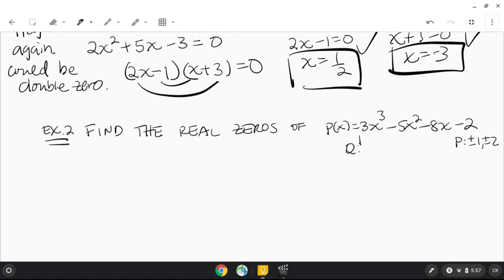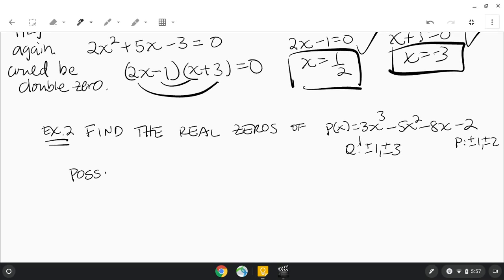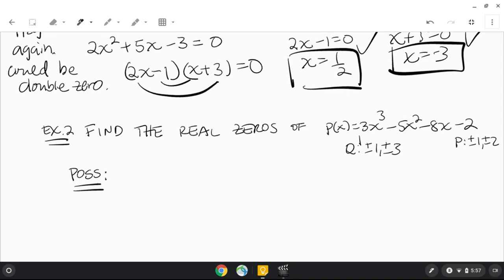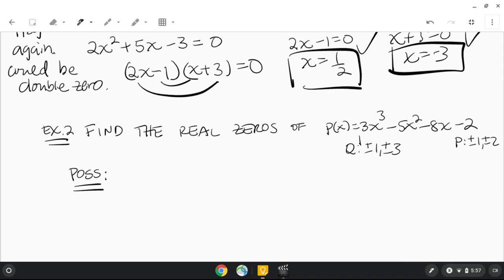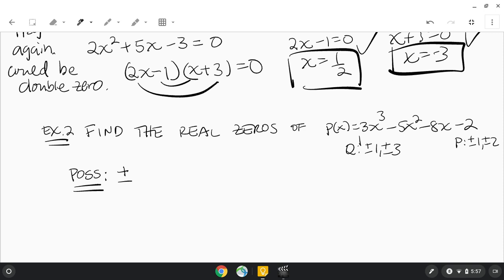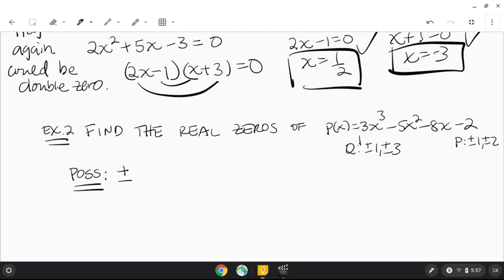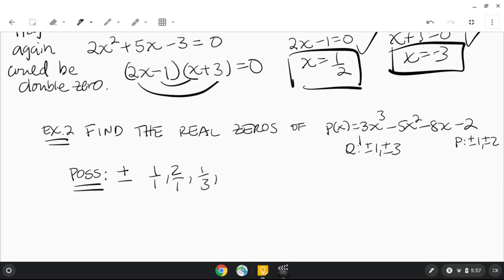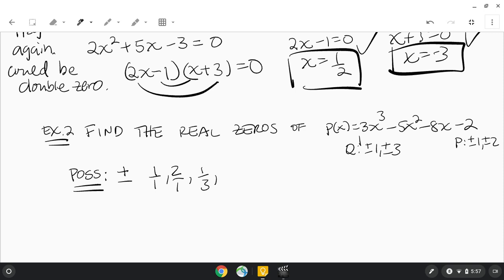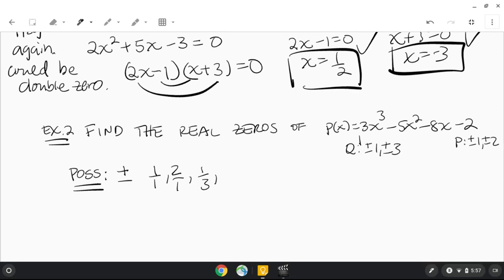So my list that I'm going to test using synthetic division is 1 over 1, 2 over 1, so all the positive and negative versions of these numbers, and then 1 over 3 and 2 over 3.